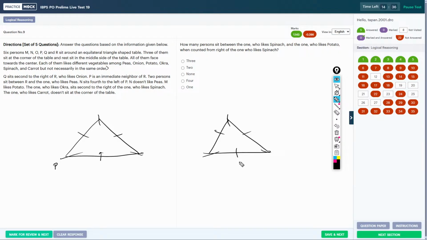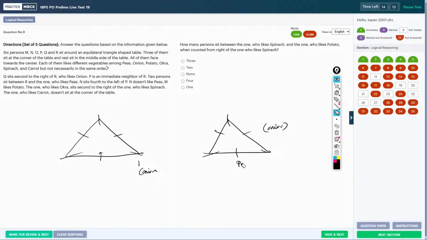So P can be here, P can be here. In that case, R can be here or R can be here. R likes onion. P is an immediate neighbor of R. Okay, Q sits second to the right of P, who likes onion.